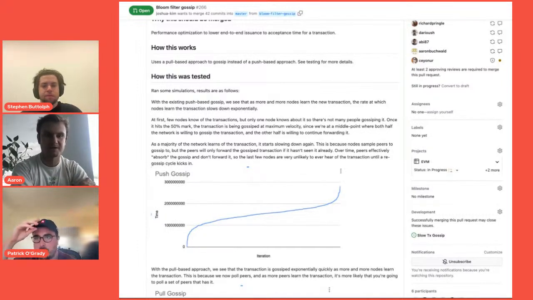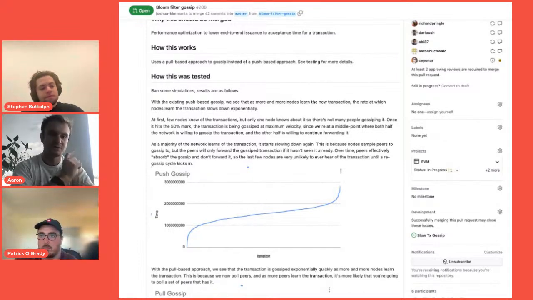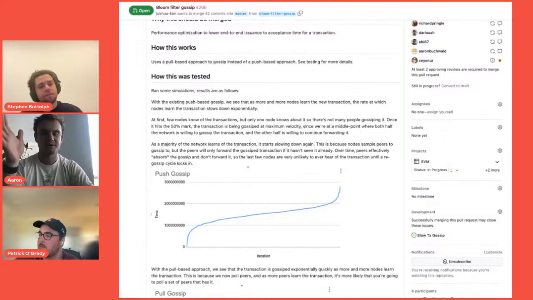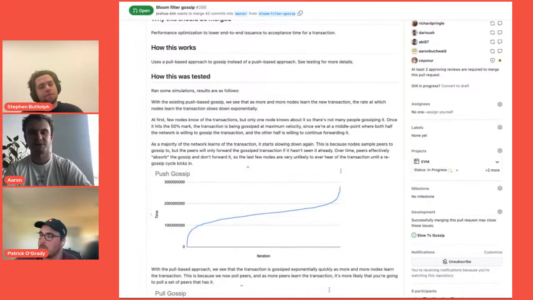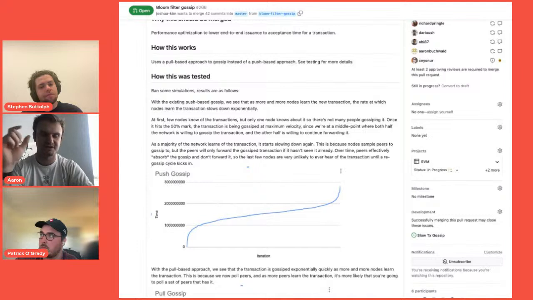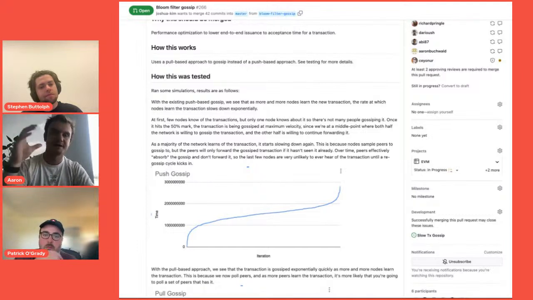And this would work to reach a decent amount of the network. But what we found in our simulation, as we got some reports that this wasn't working in all cases, was that after you've reached 60% of the network, it starts to absorb that push gossip and stops continuing to gossip those transactions, such that it may not reach the last person who's actually proposing that block very quickly.